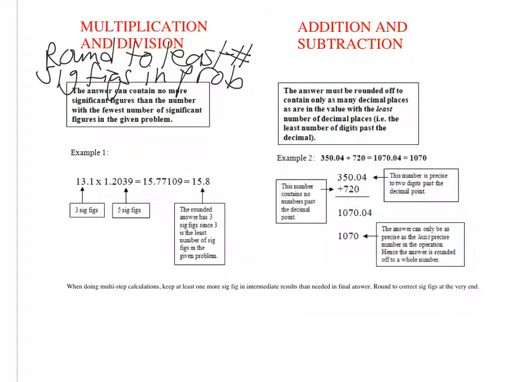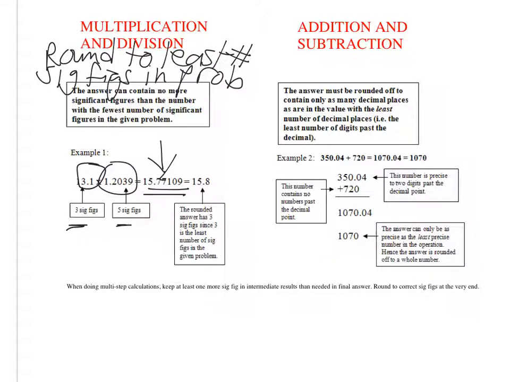So for example, if you were to plug this in your calculator and you take that 13.1 times 1.2039, your calculator would spit out this big long answer. Well, if you look closely at the numbers that you started with, this first number, you've got 3 significant figures. 13.1 is 3 sig figs, and in the second one you've got 5 significant figures. So what you need to do is take that answer that is in your calculator, because your calculator's smart, but it's not that smart.